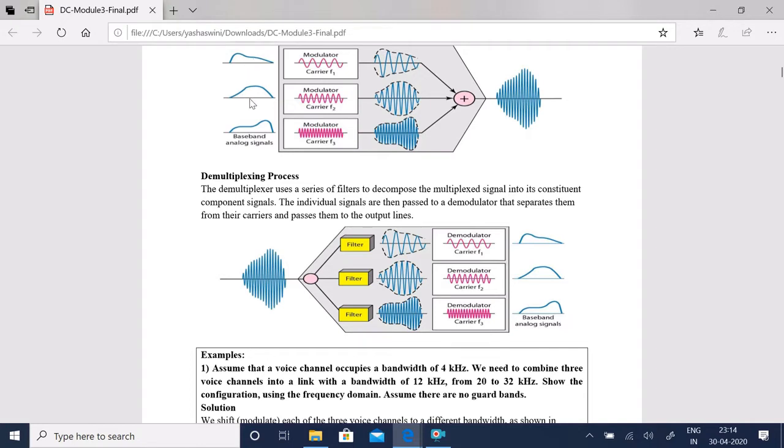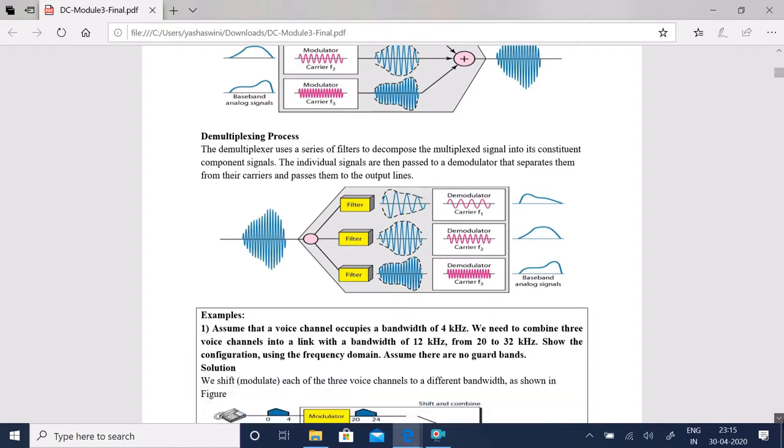N sinusoidal waves are superimposed and this superimposed signal is passed from sender to receiver over a channel of a particular bandwidth. When the superimposed signal reaches the receiver, it is passed through a demultiplexer which has different filters to filter out the superimposed sine waves into their corresponding analog signals with the carrier frequencies F1, F2 and F3.